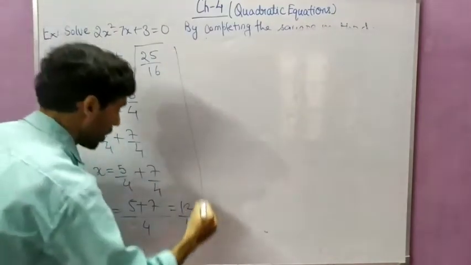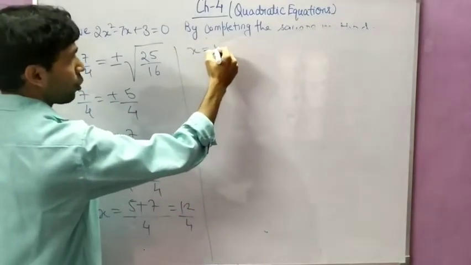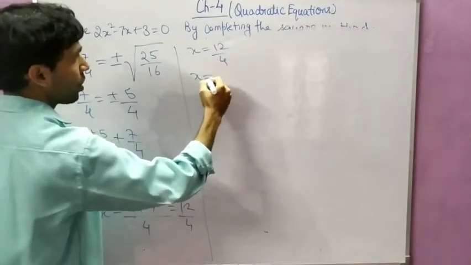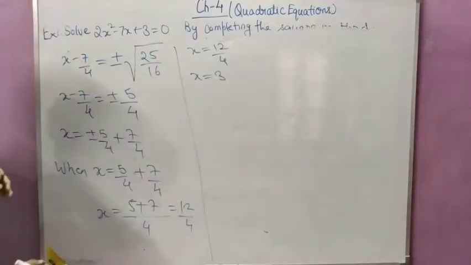Okay, so see, x comes 12 by 4, so x equal to 3. First value we got.